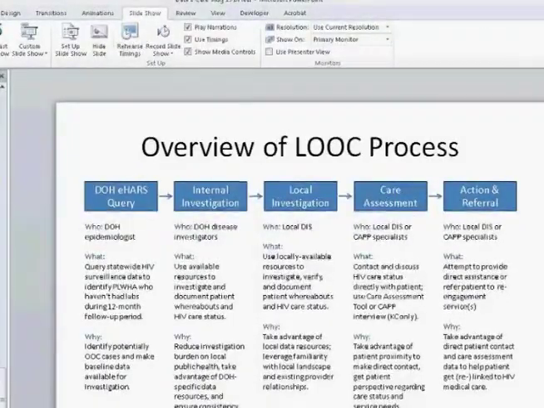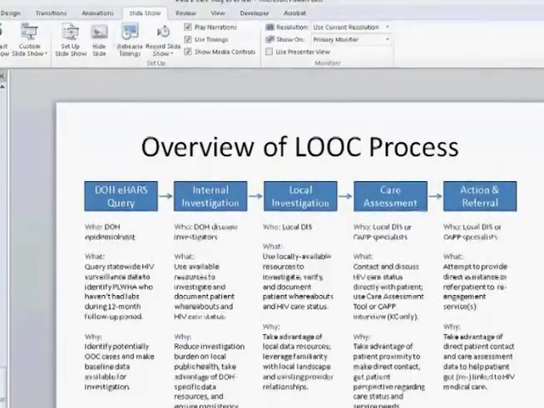So, right up to the point where we find and locate a person, it's all within the health jurisdiction, either state or local. We found that quite a lot of people can be linked to care right at that time, because one of the big reasons that people are out of care is they don't have insurance.